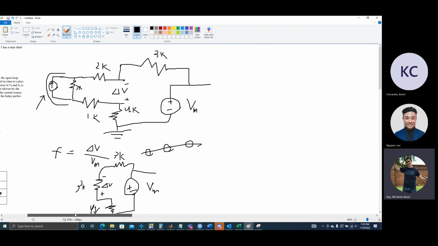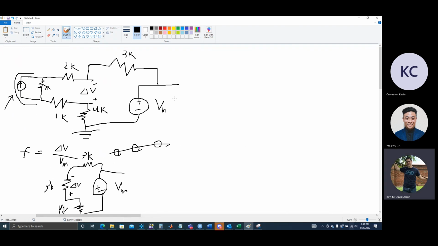From there, we go back to the same method of F equals change in V over VM. So let's do change in V equals that whole voltage divider of your original voltage source times these 3 resistors added together, because that's going to get you your change in V across this series of resistance.